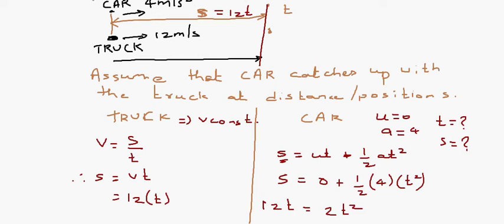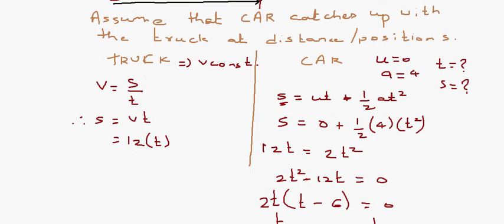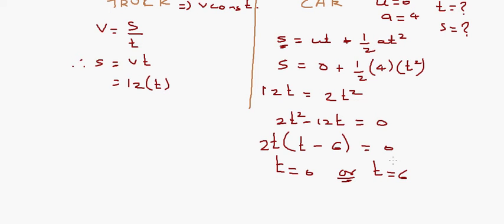This means that both car and truck are in the exact same position when t is equal to 0. Yes, of course, that's true, because initially they are in the same position, and then the car starts accelerating while the truck is moving with the same velocity. And also at t is equal to 6, they're going to be at the exact same position. That's what it means physically, having two roots of this equation. So at t is equal to 6, the car and the truck are again going to be in the exact same position.